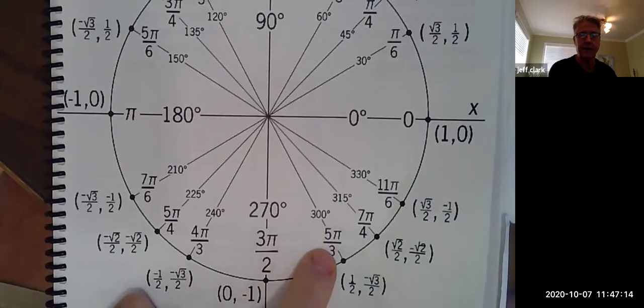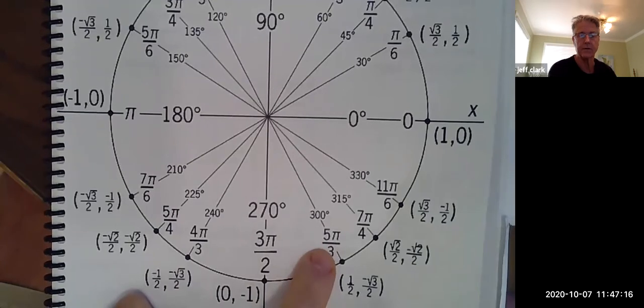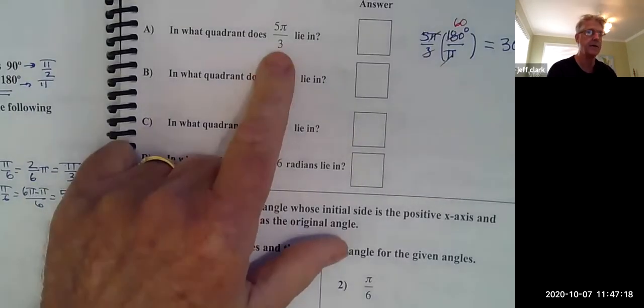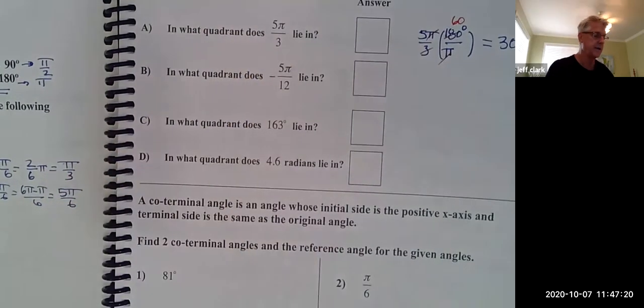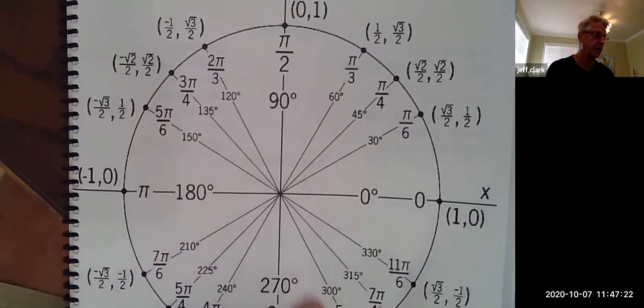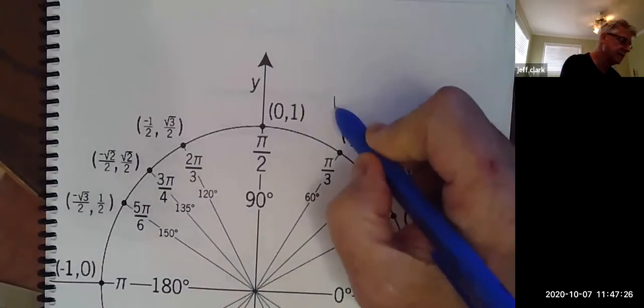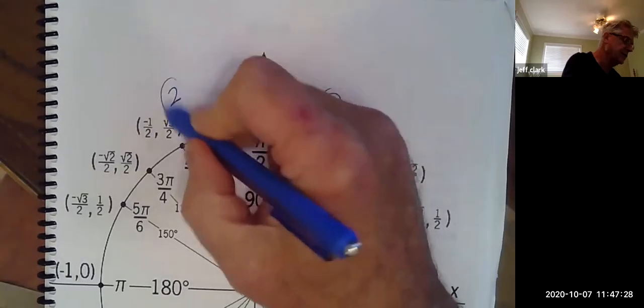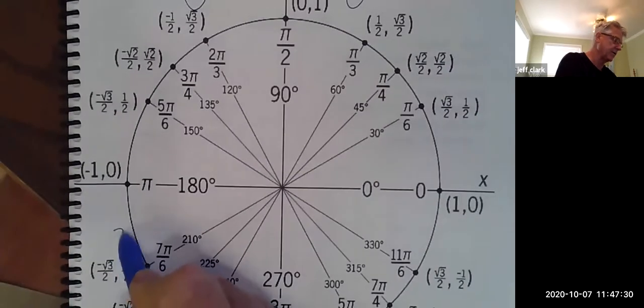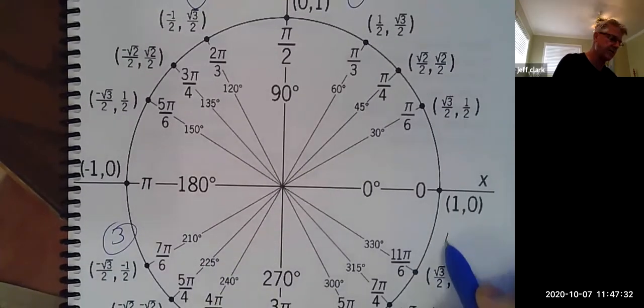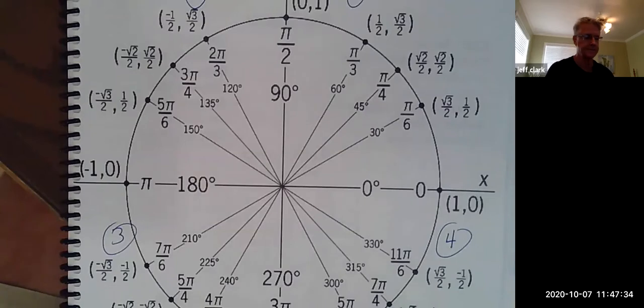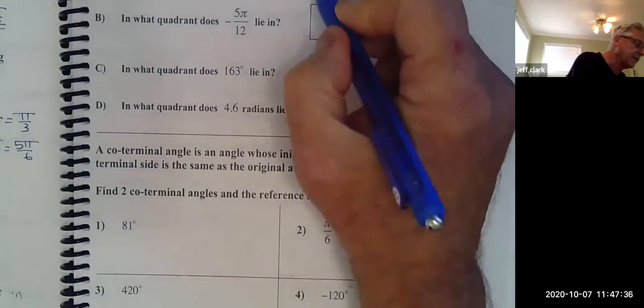There's also 5 pi over 3, the equivalent. So that's in quadrant number 4. This is quadrant 1, this is quadrant 2, this is quadrant 3, and this is quadrant 4. So quadrant number 4.